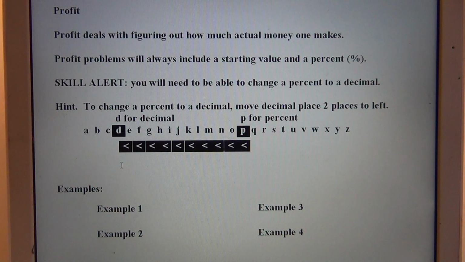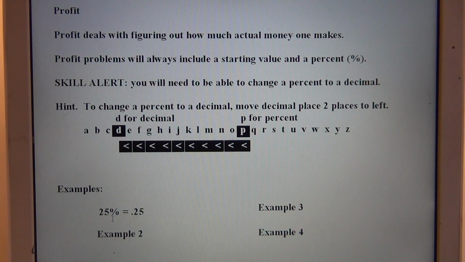To change a percent to a decimal, you move the decimal place 2 places to the left, from P to D. Let's take a look at an example here. 25%, and if I have to change this to a decimal, I move the decimal 2 places to the left. Well, there really is a decimal right here after the 5 in 25%. We just don't write it.